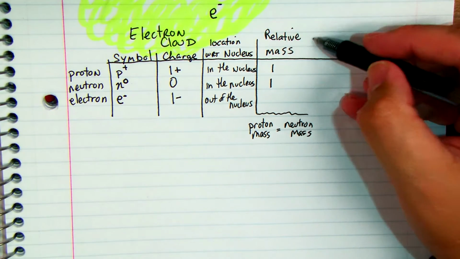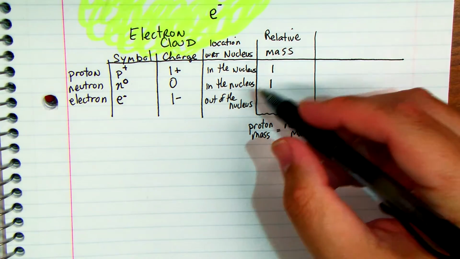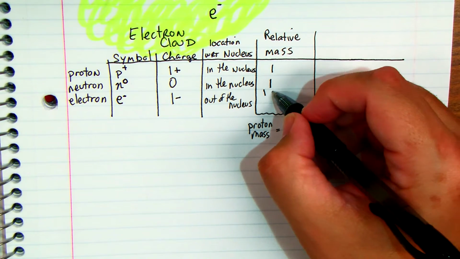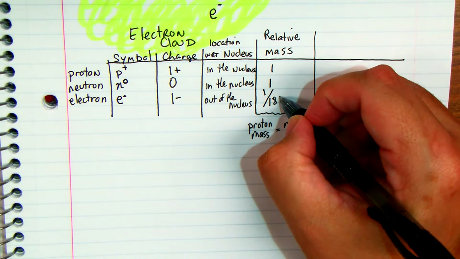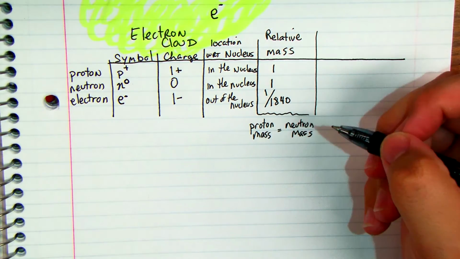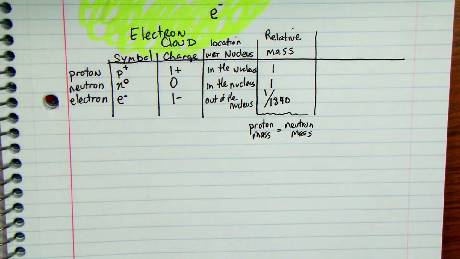Now, the electron is going to get 1/1840. It is 1/1840th the mass of everything else. Which weighs the most? The protons and the neutrons.